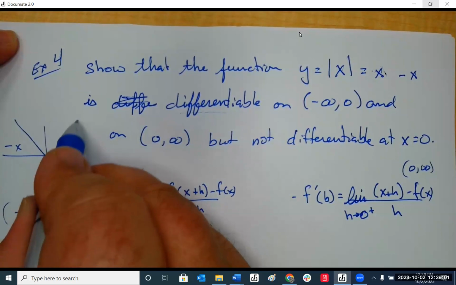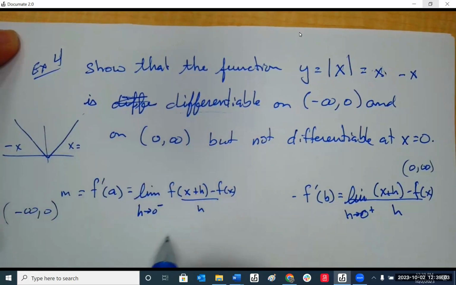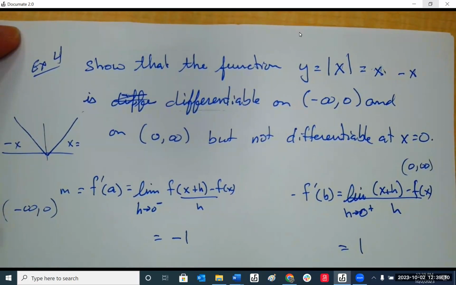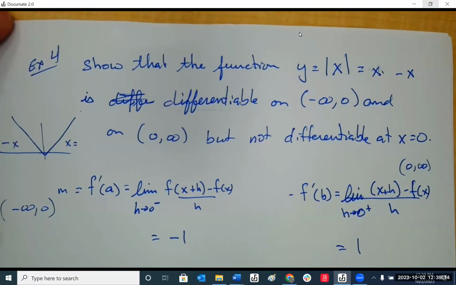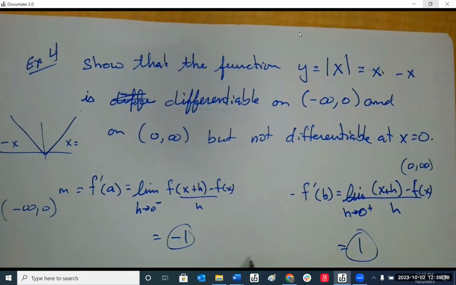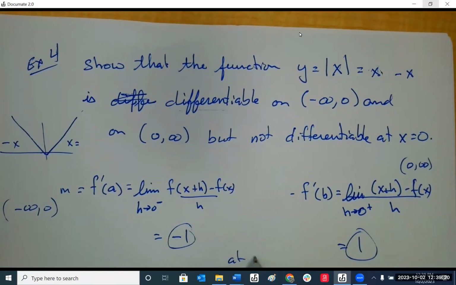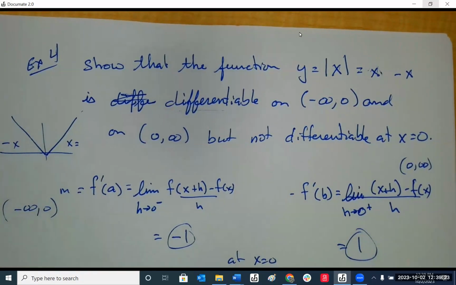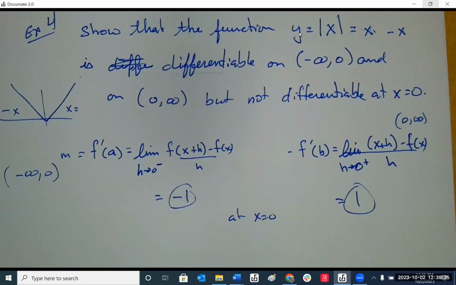So the slope here is negative 1, and here it's positive 1. See the problem? They're not approaching the same value. So at zero it's not differentiable because the slopes are reaching different values.